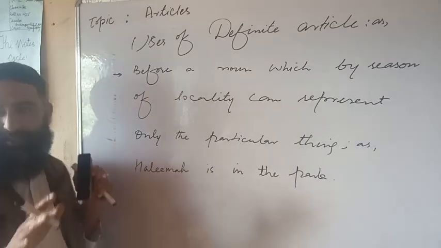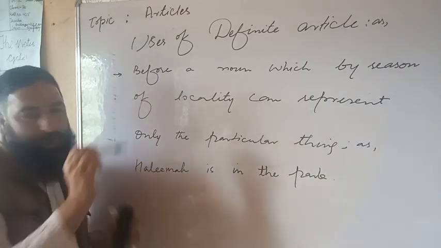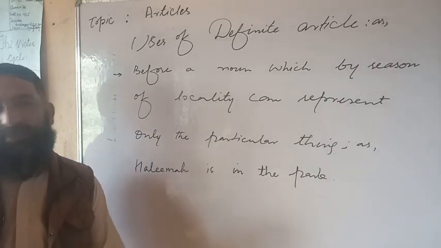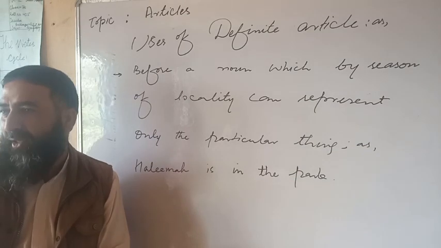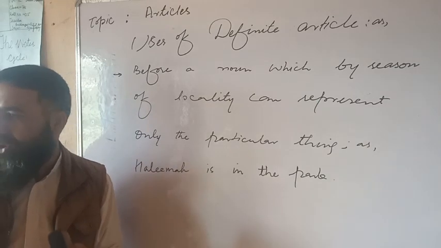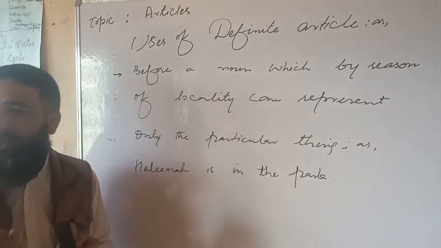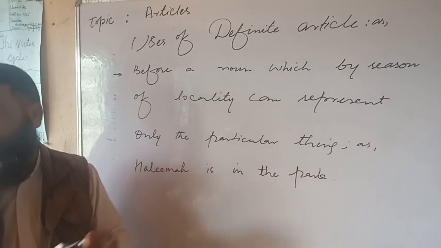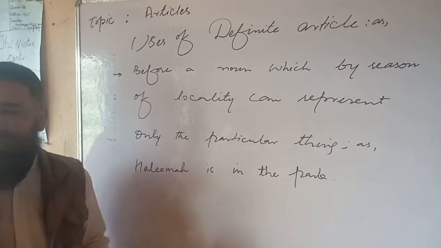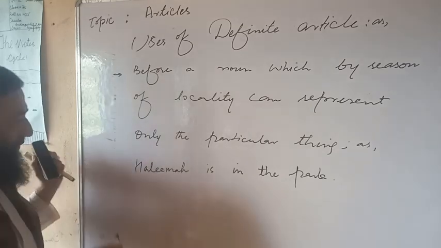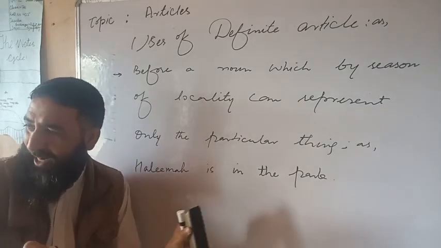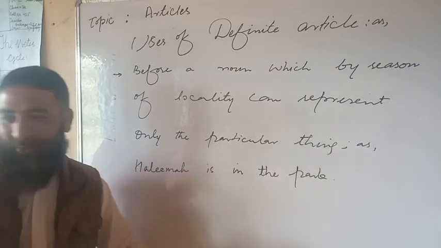Let us understand this like this: you know that somewhere there is only one of a certain thing. You went somewhere and you were told that there is a high school here. You don't know the exact location now, but you know there is only one school. So with that single particular thing you will use the definite article, because you know that in that locality there is a single thing of that kind. Is it clear? Halima is in the pot means there is only one pot in that locality, so it will take the definite article.